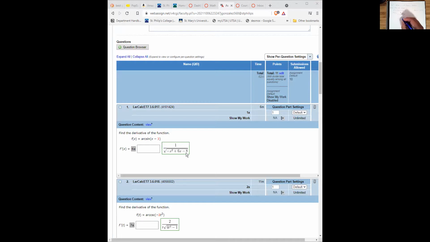So 1 minus x squared minus 6x plus 9. One minus x squared plus 6x minus 9 would be, let me stop sharing this, sorry.